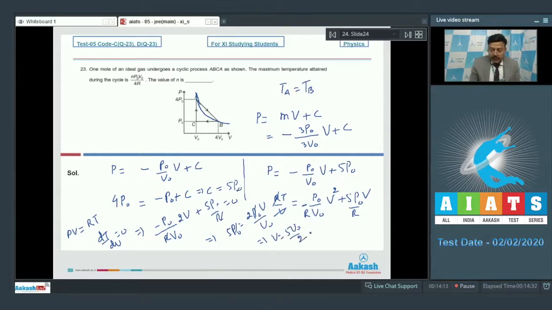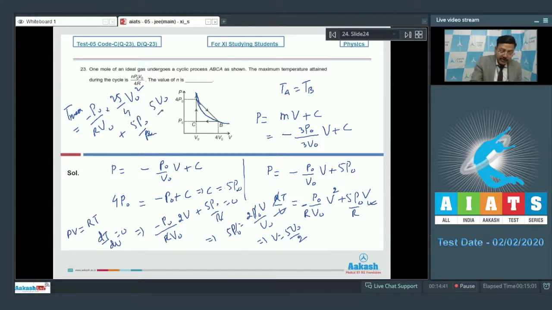So if I put V equal to 5 V naught by 2 in this equation, we shall get the maximum temperature. T max will be equal to minus P naught by R V naught into V square, where V square is 25 by 4 V naught square, plus 5 P naught by R into 5 V naught by 2.